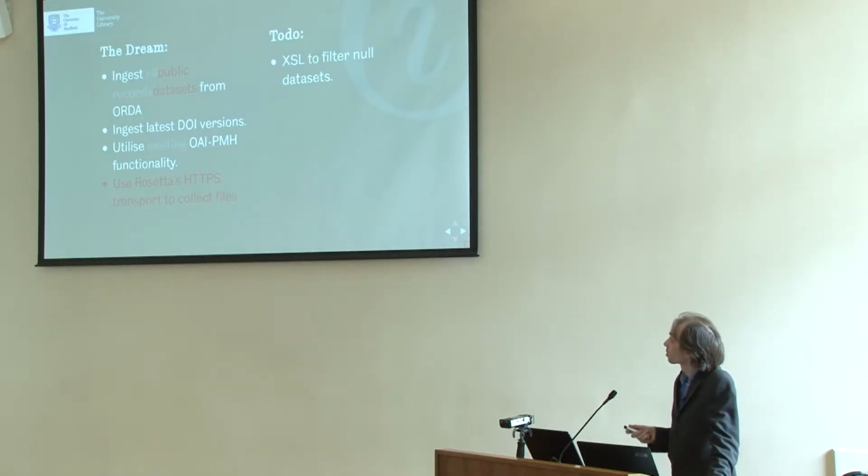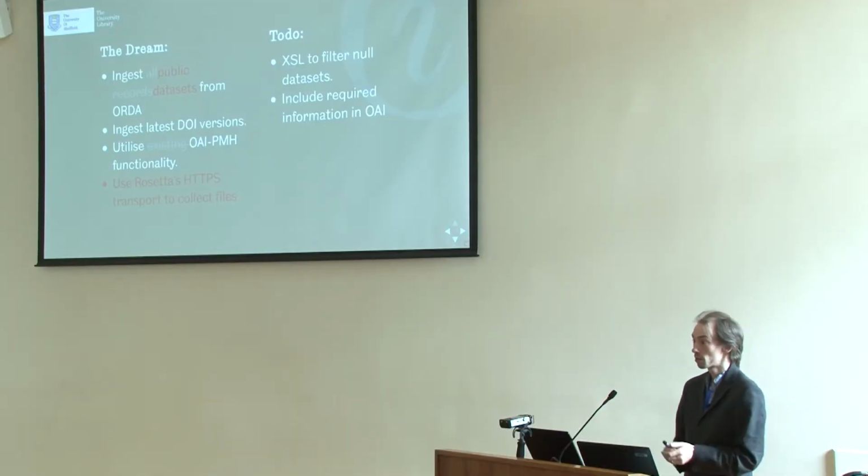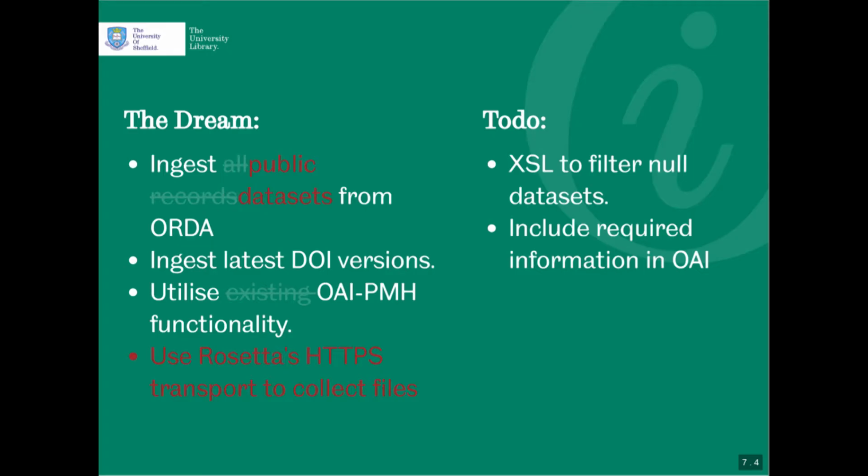We have discovered that we can use an XSL transform to drop those, and we're all good. And equally, we will work with Figshare to make sure that that information is available in the OAI harvest. So Figshare have produced a METS profile for OAI, which has all the relevant information, and we're all good.